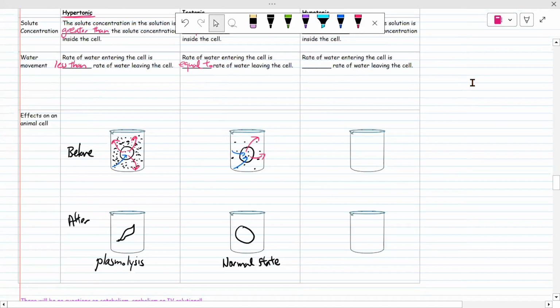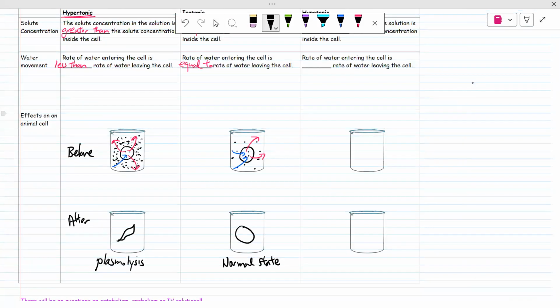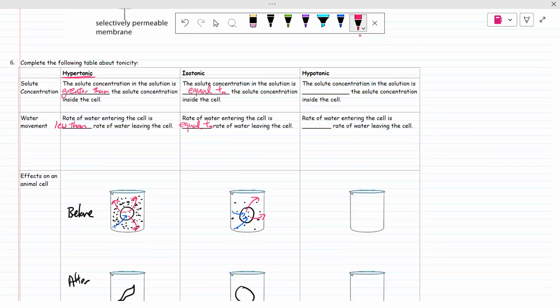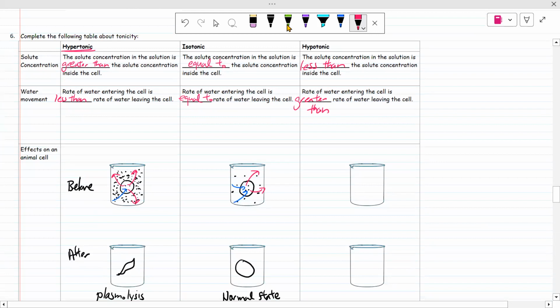And the last one is hypotonic, right? Hypotonic is when the solution outside is less than the concentration inside, and the water coming in is greater than the water leaving. So there's the cell, and you have more solute on the inside than outside.